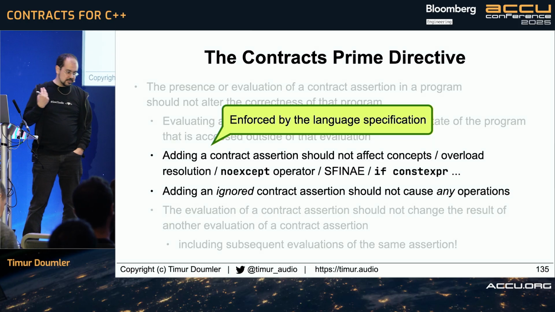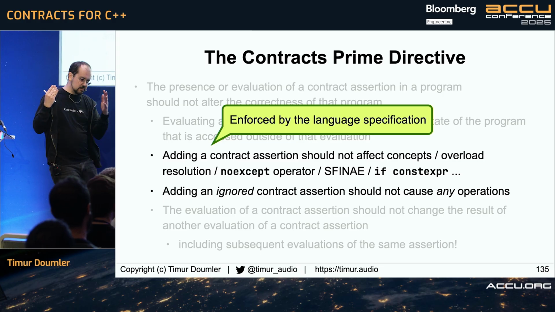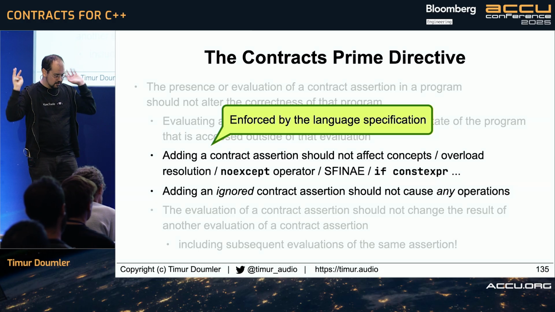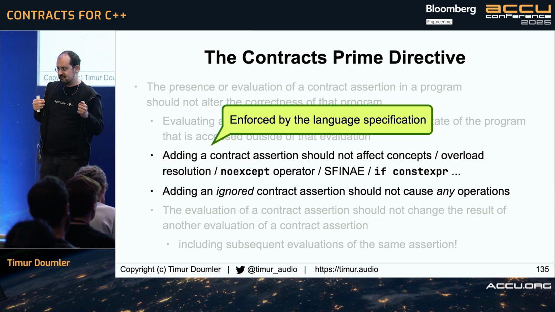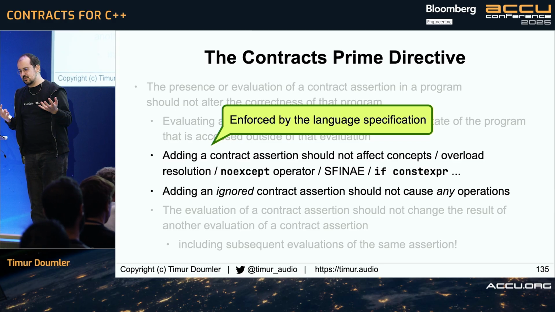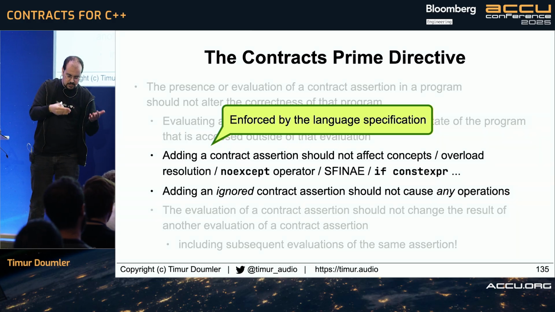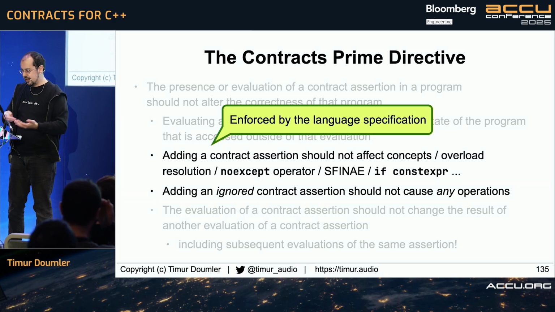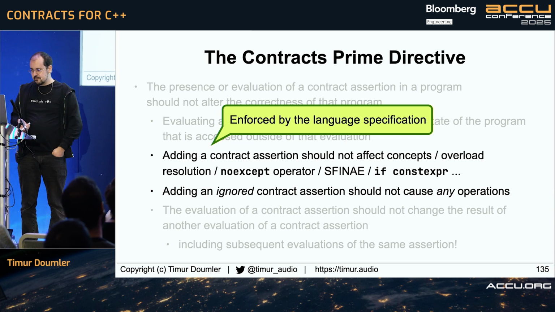If you try, for example, to put an assertion into a lambda to trigger a capture, which changes the layout of the closure type, you will realize that that also gives you a compiler error. So we designed this feature in a way that you cannot really add an assertion in a way that changes what the program is going to do, apart from that check.